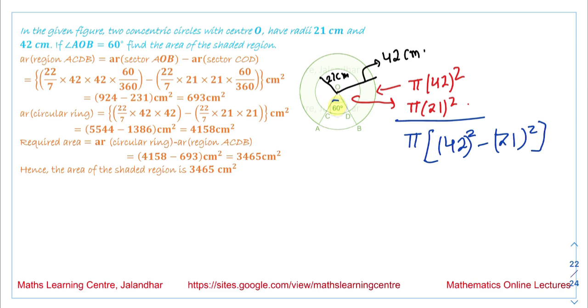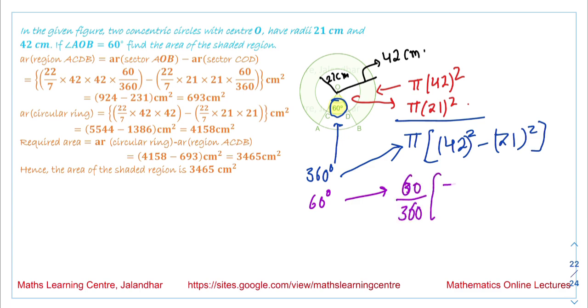This angle over here is 60 degree. So what is this portion corresponding to this circle? The whole angle is 360 degree. If the whole angle is 360 degree, the area is this. If the angle is 60 degree, the area will be 60 by 360 into pi into 42 square minus 21 square.